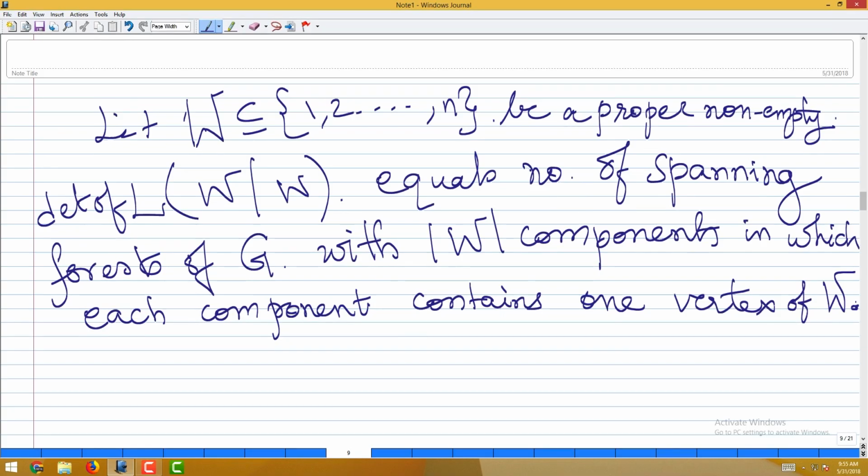Each component contains at least one vertex from W, that set. Okay. So, this is the beauty that we are talking about.